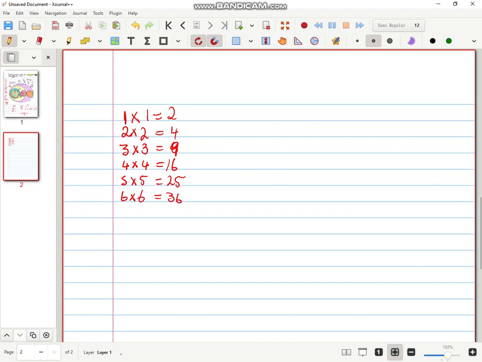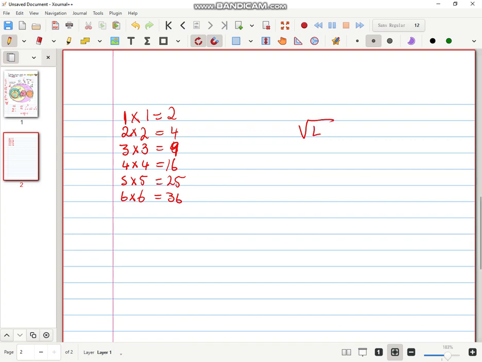So basically your perfect squares are numbers that you multiply by themselves, right, and you get something. This is what you would usually do to solve this question the easiest way.